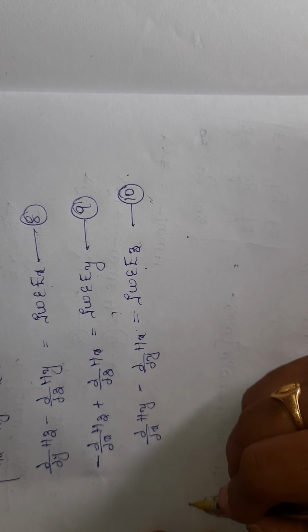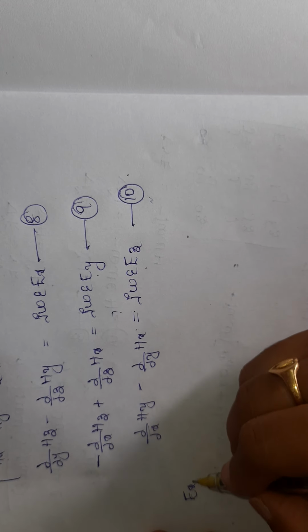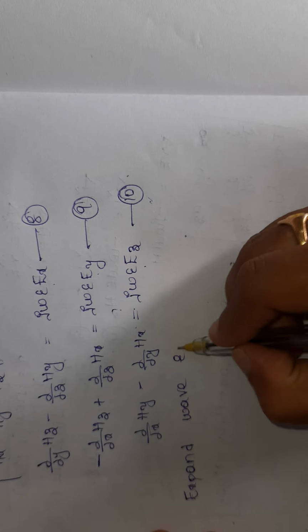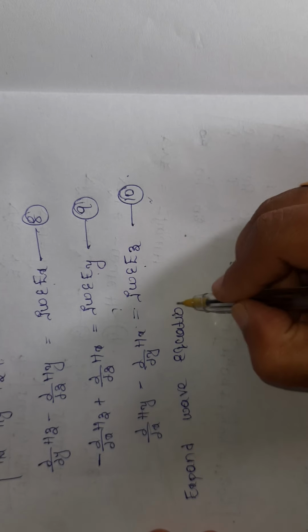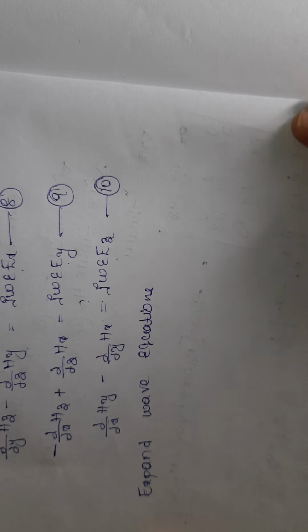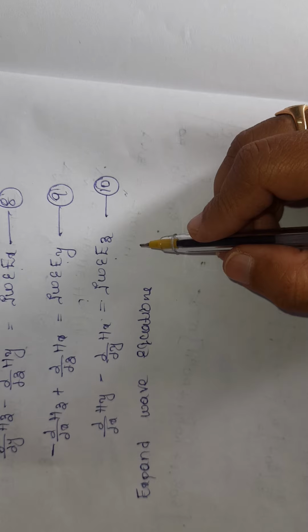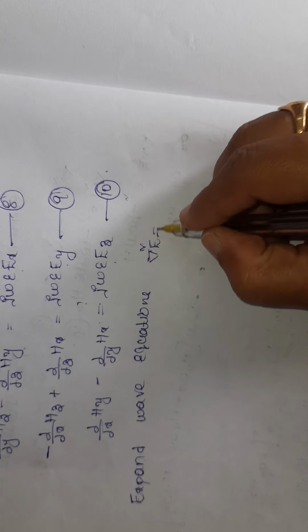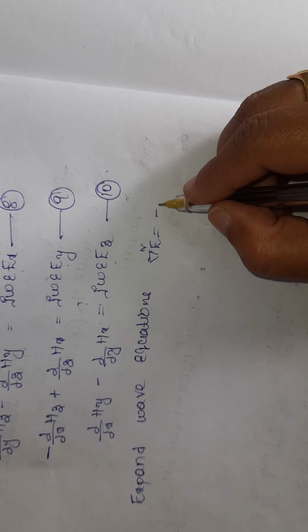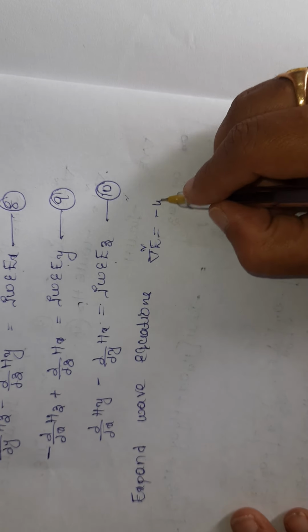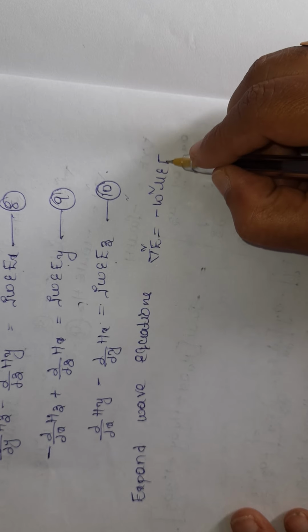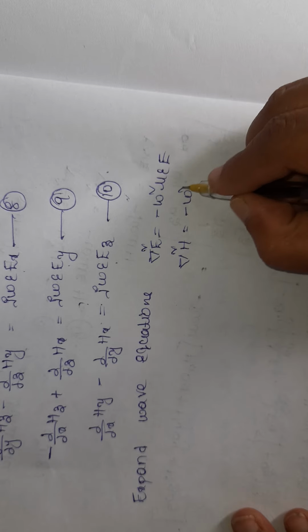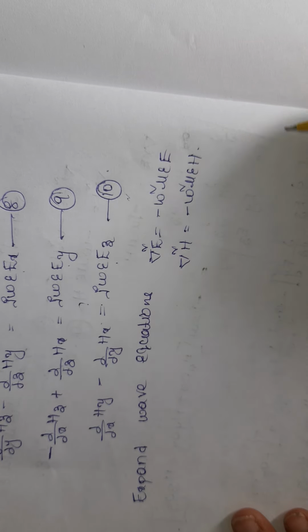Now similarly we have to go for expansion of wave equations. So what are the wave equations we are having? The wave equations are del square E is equals to minus omega square mu epsilon E. Del square H is equals to minus omega square mu epsilon H. Okay.